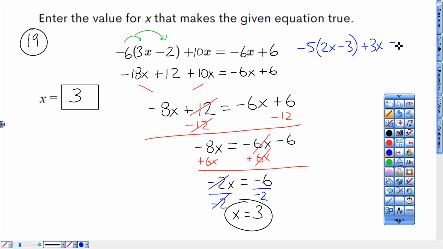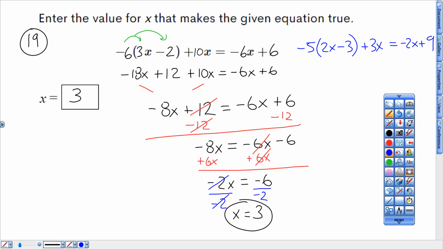Let's make it like that. Plus 3x. And then over here, let's say -2x plus 9. How about that? Try that. All right, moving on.